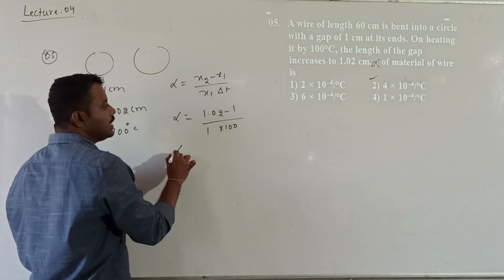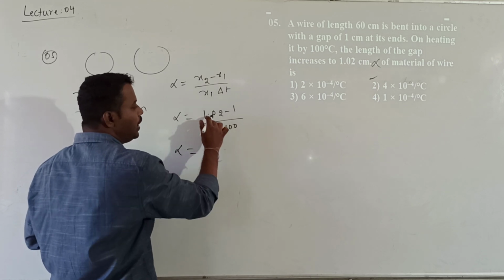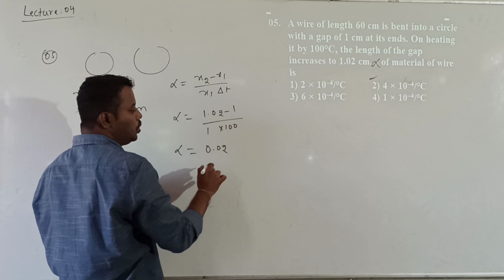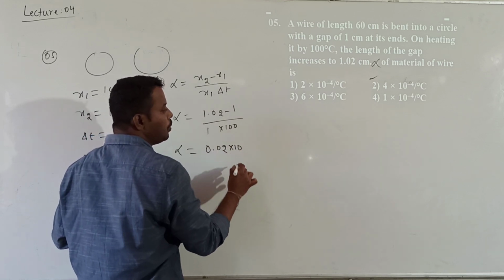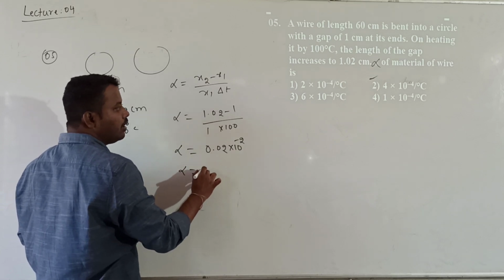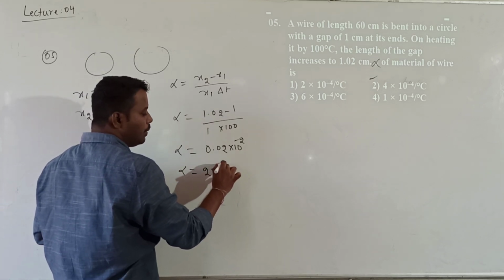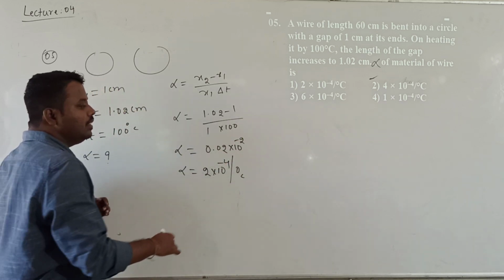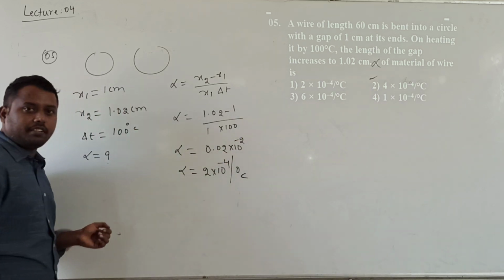So what answer do we get? This is 0.02, correct? 0.02 divided by 100. The 100 will come to the numerator, that is 10 power minus 2. So alpha value is 2 into 10 power minus 4 per degree centigrade.